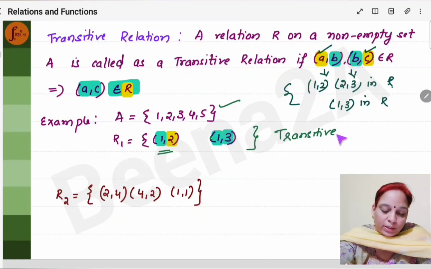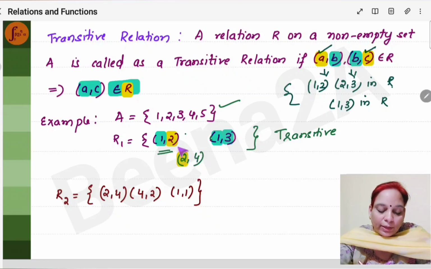Ideally you should have the same second element 2 here, and something else. But you don't have 2 comma 4 or 2 comma 3 or anything. Because of that, you can call this transitive.